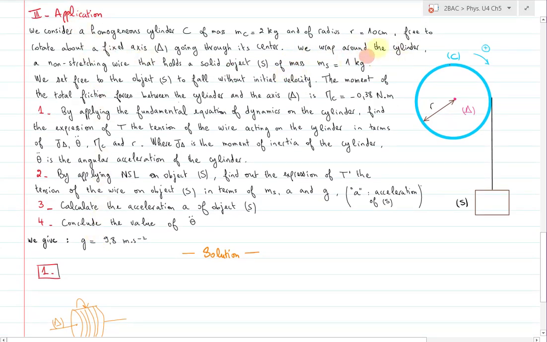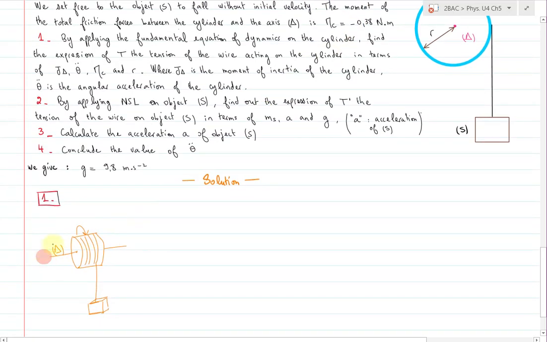So we wrap around the cylinder a non-stretching wire that holds a solid object S of mass ms equal to 1 kilogram. دونك ندورو عليه واحد الحبال ولا خيط، اللي هاد الخيط it's attached to a solid object S وعنده واحد certain mass.